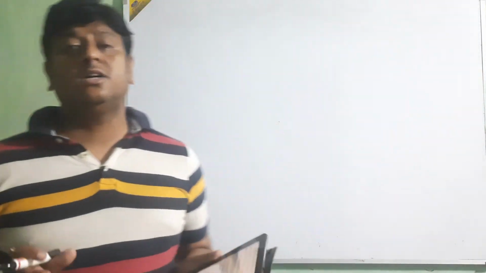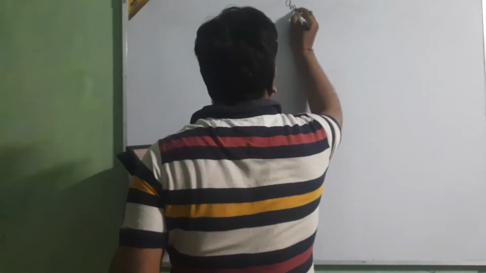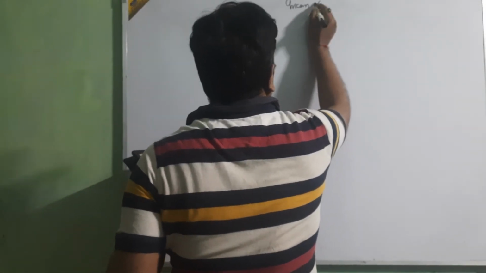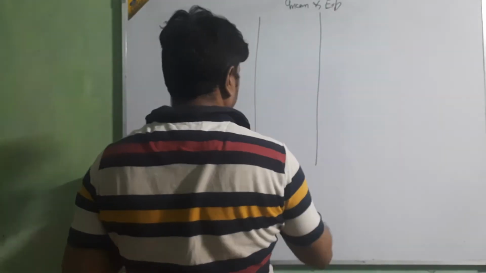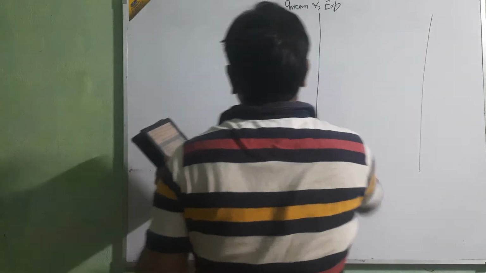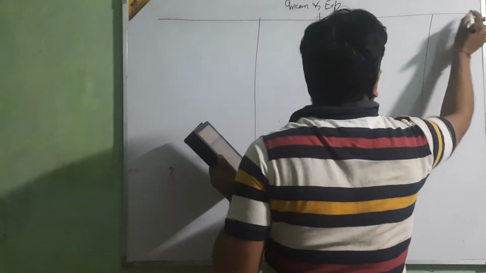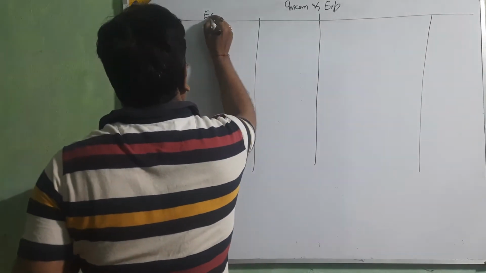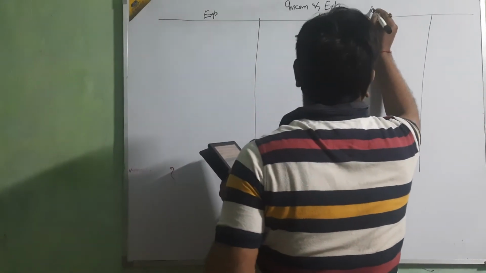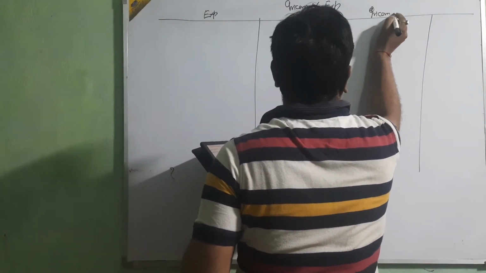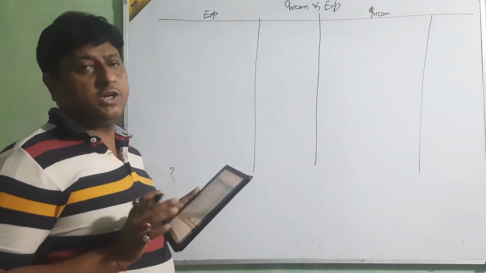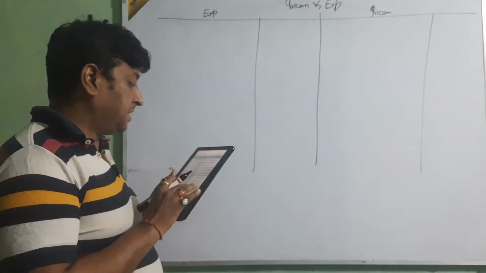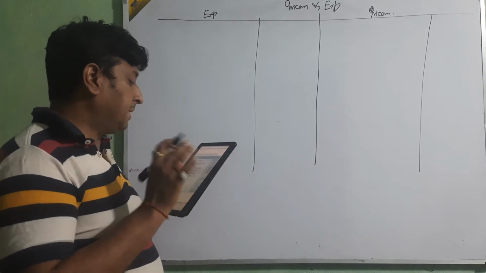Only the income and expenditure account. Okay, beta? Clear?